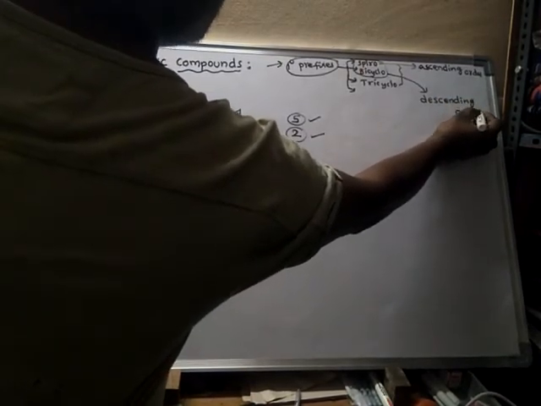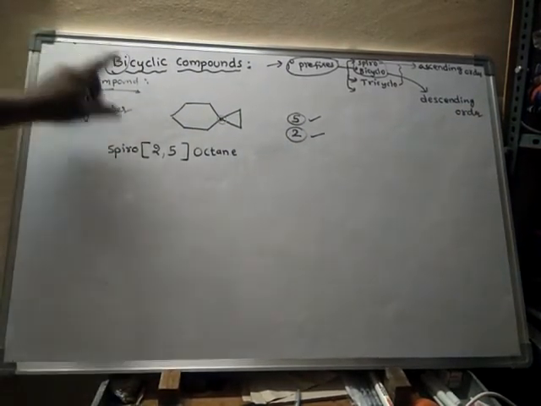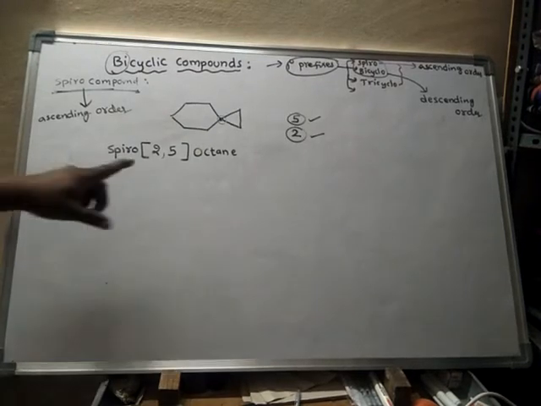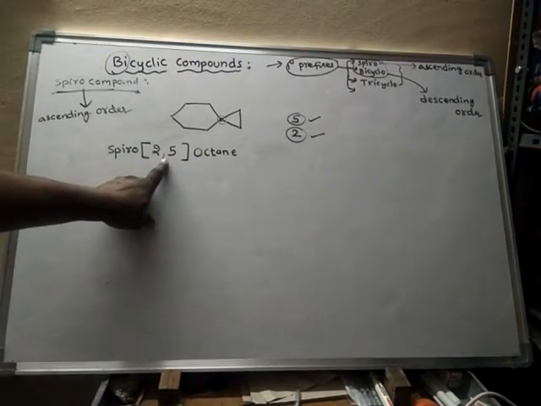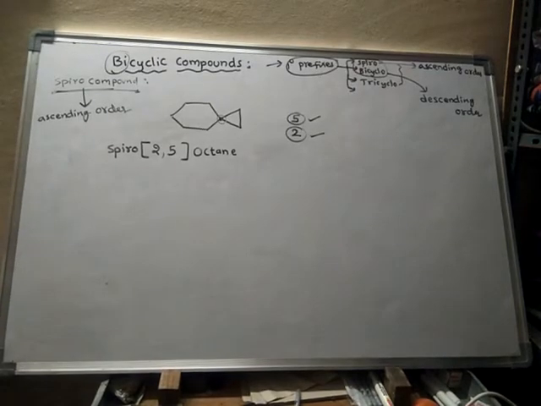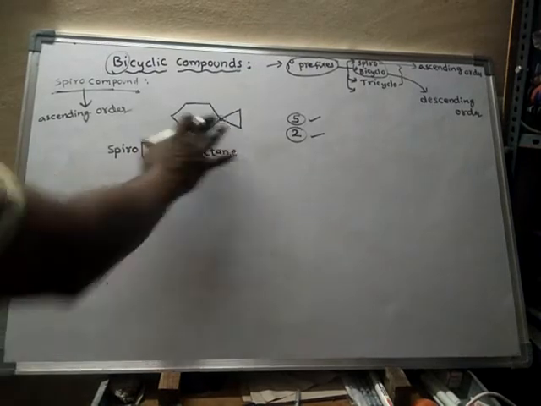As we are discussing the names of spiro compounds, we have to follow ascending order, and these numbers should be separated by either a comma or a dot. Spiro[2,5]octane is the name of this compound.